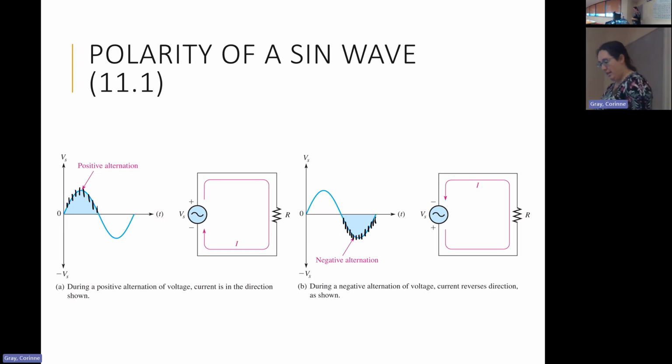It is called the positive alternation. Versus the other situation, the negative alternation. So it's just telling us which way it's flowing. They're just going to be opposite of each other. So if we had identified positive to be the other way, that means that when we go to negative, it would need to be flipped as well. It all just depends on how you're defining it to start.